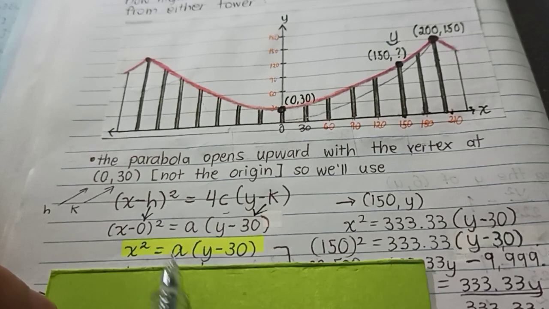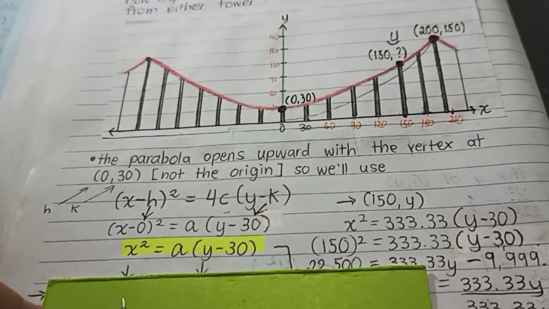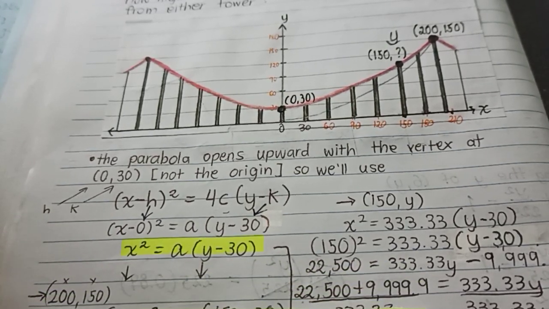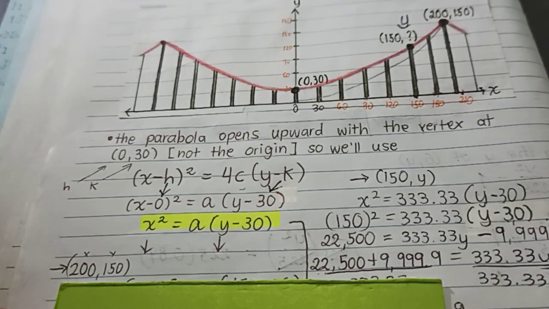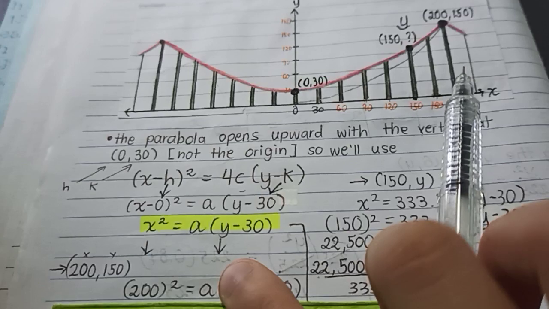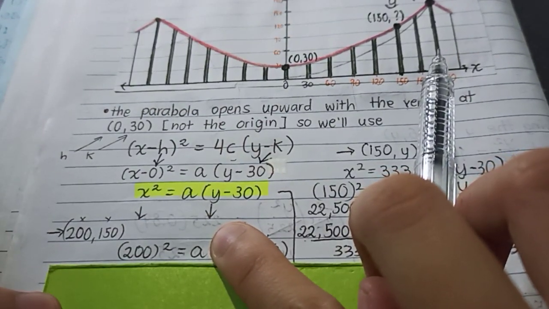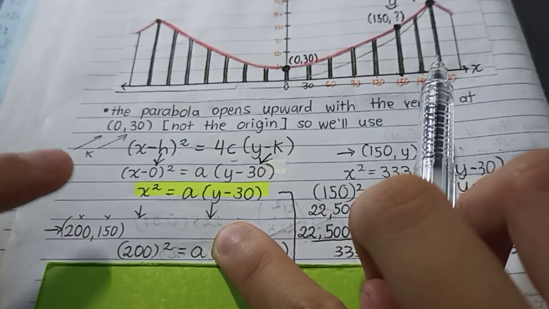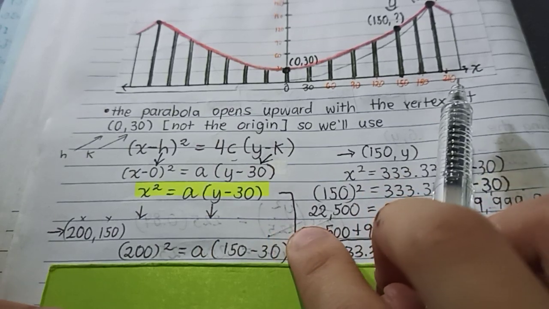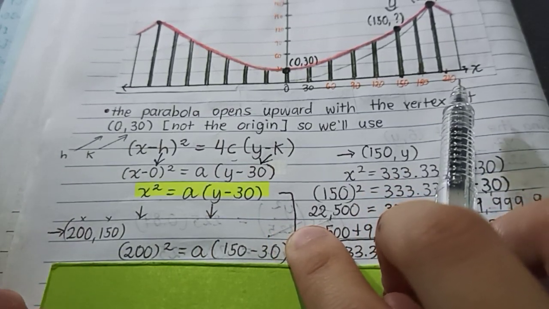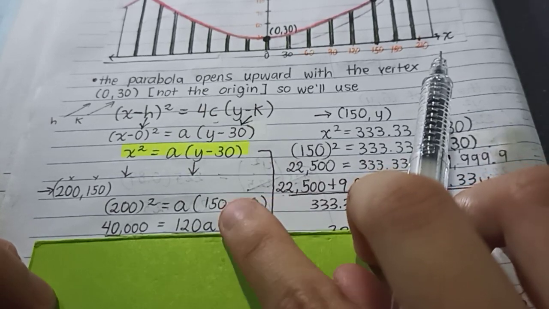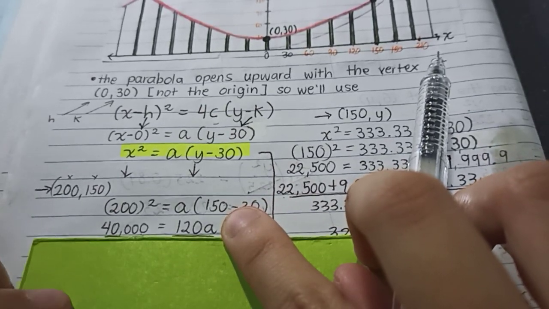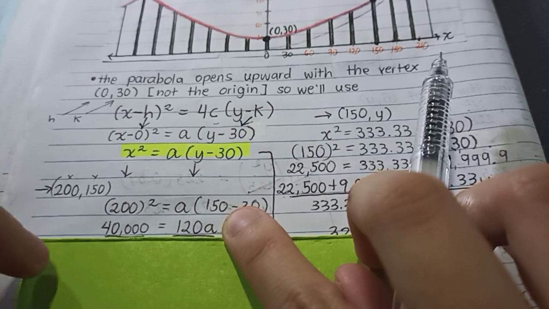So, plugging in 200 for x, I'll have x squared or 200 squared. The a will remain. And then the y minus 30 will become 150 minus 30, that's equal to 120. Okay, 120 times a. Now, 40,000 is equal to 120a.